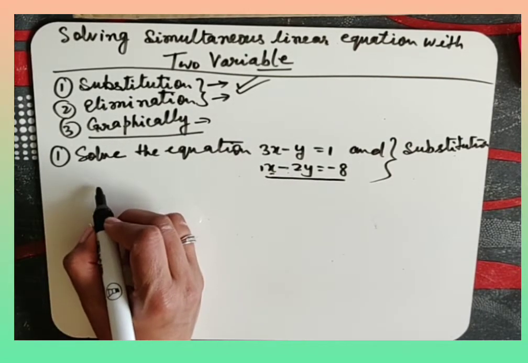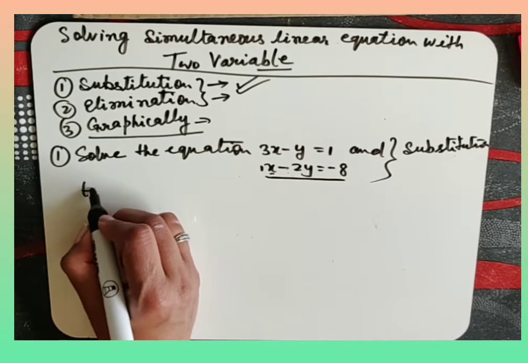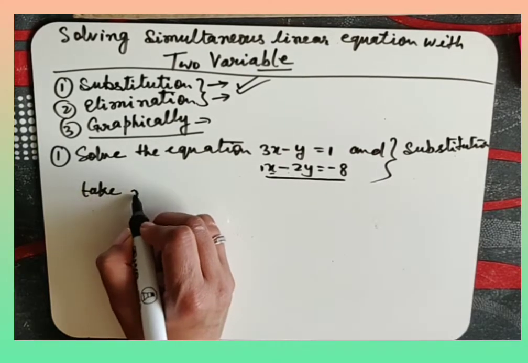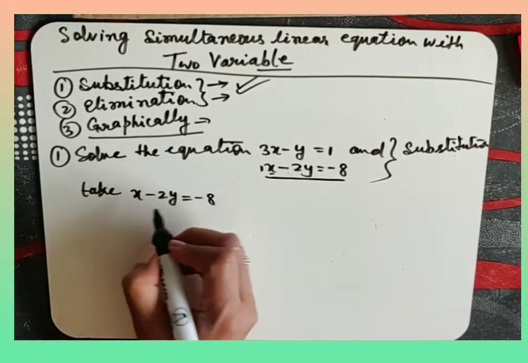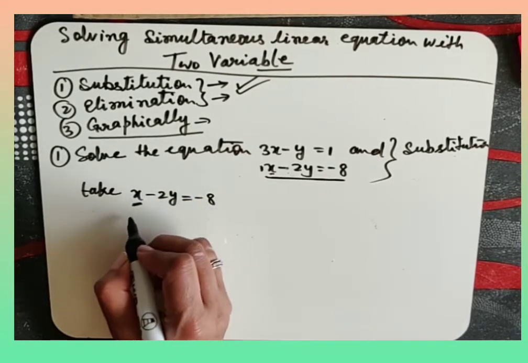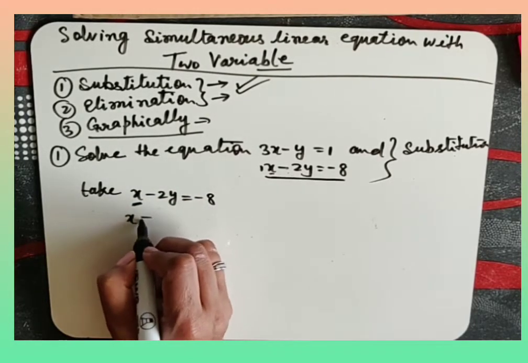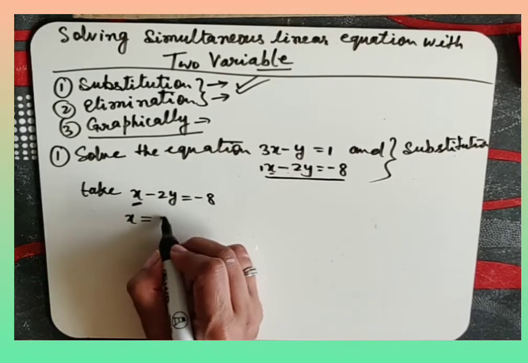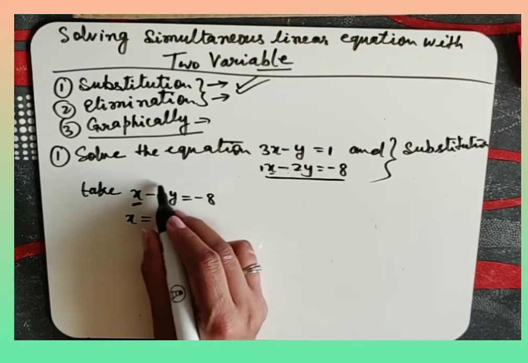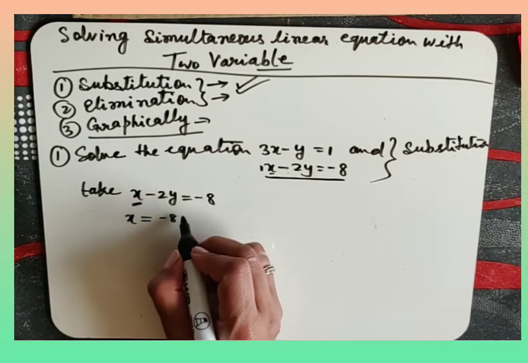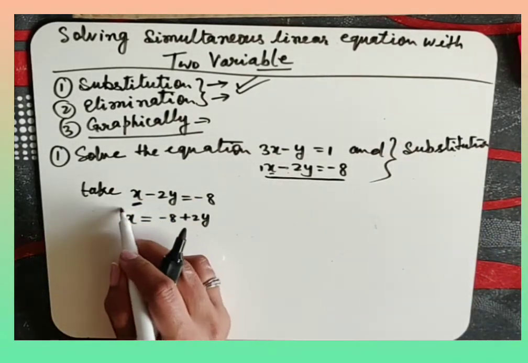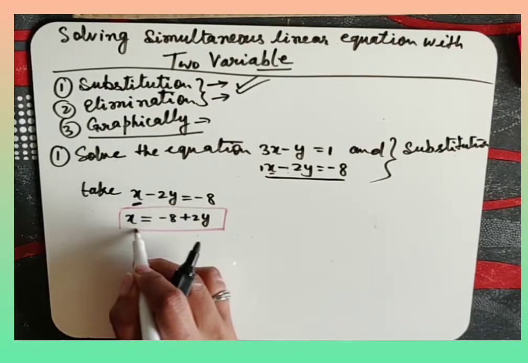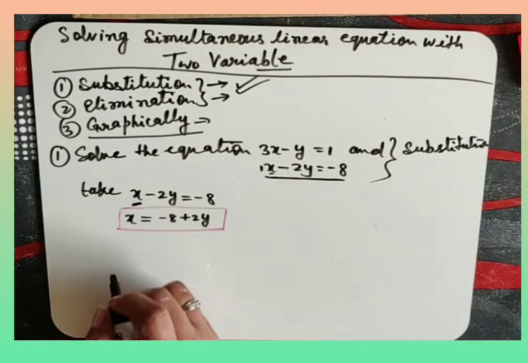So let's take the second equation, x minus 2y equal to minus 8, and find the value of x here. So x equal to, after the equal sign we have minus 8, and this minus 2y will come over this side and become plus 2y. We have here x is equal to minus 8 plus 2y.